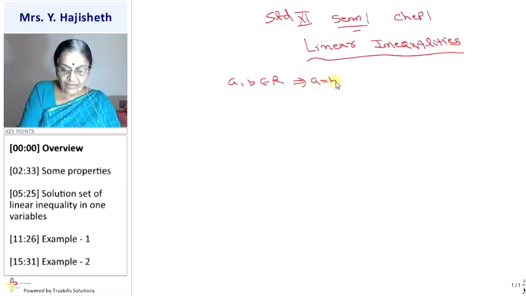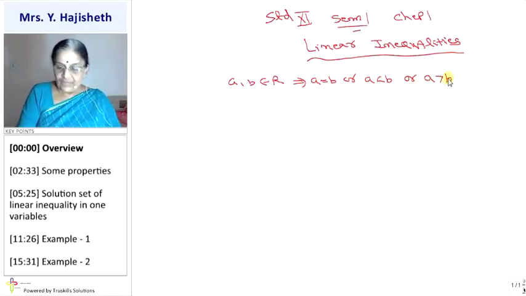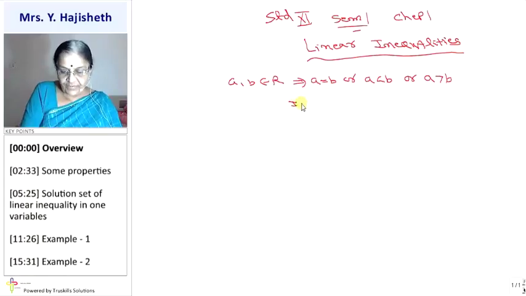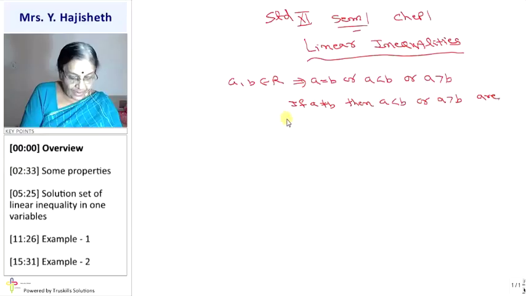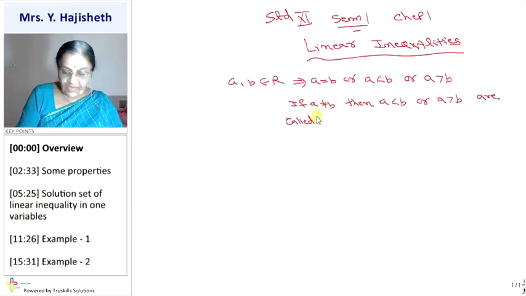A can be equal to B, or A can be less than B, or A can be greater than B. If A is not B, then A less than B or A greater than B. These two are called strict inequalities.